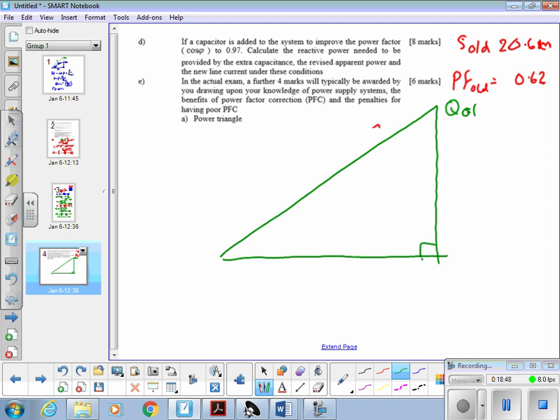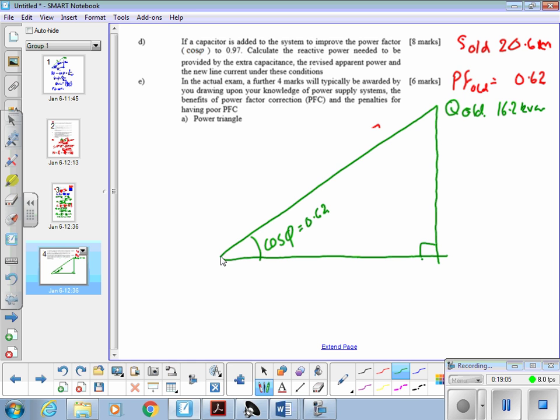That's Q old, 16.2 kVAR. We've got a cos theta of 0.62.